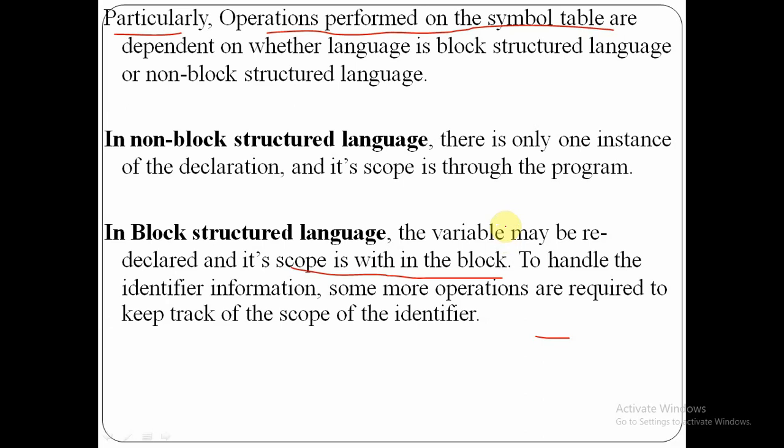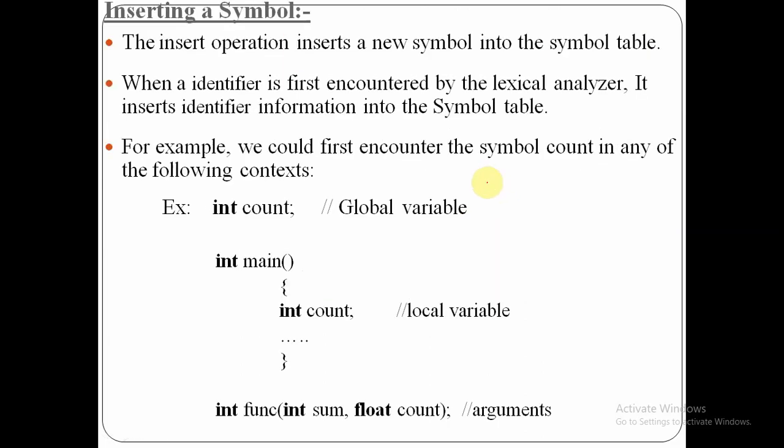For example, C, C++, and Java divide the program statements into blocks like functions, loops, etc. In C language, local variables are defined so that they may be used in a particular block like a function, must be used within the block, and cannot be used outside the block. So the particular operations applied on the symbol table depend on the type of language used, either block structured or non-block structured.